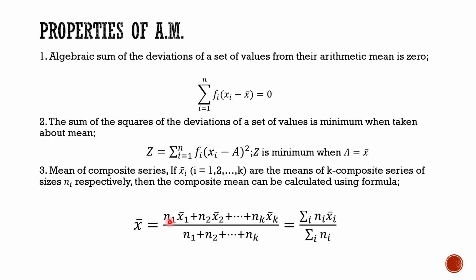So you will have to multiply the corresponding mean with the corresponding size and add all those. So summation of ni xi bar, and you will have to divide it by the summation of ni, meaning all the observations, and this is how you get the composite mean.